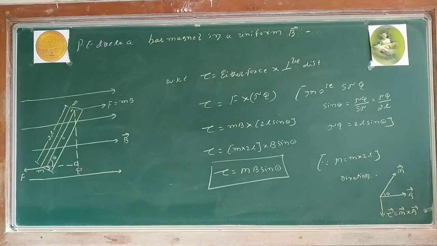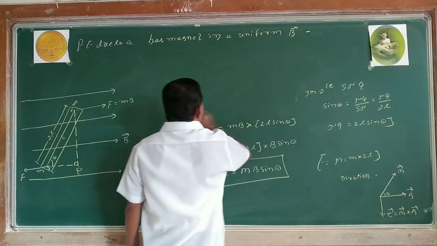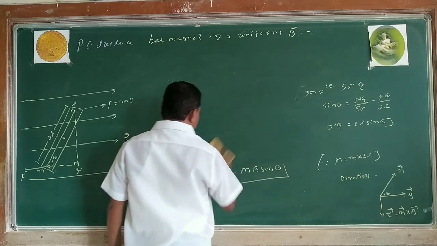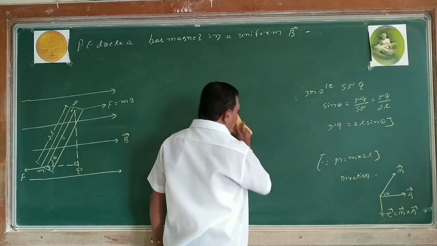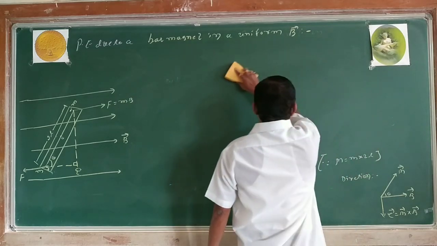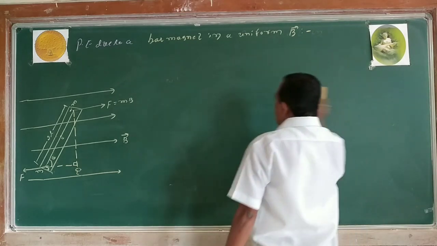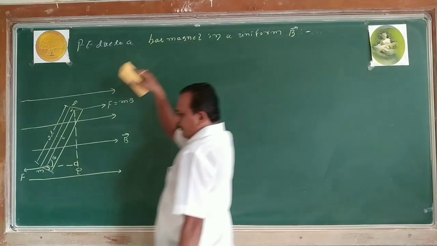Same figure, nothing should change. Due to the torque, the magnet rotates through a certain angle, hence a displacement takes place. So work is done, and that work done is stored as potential energy U.